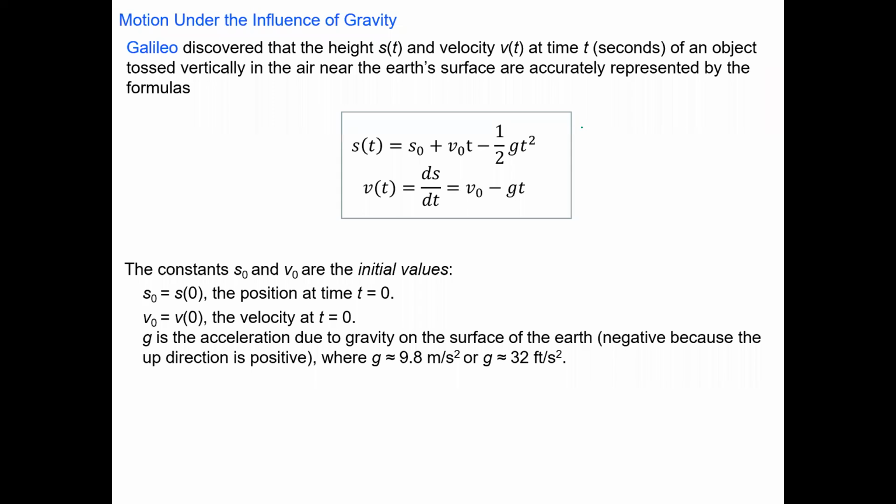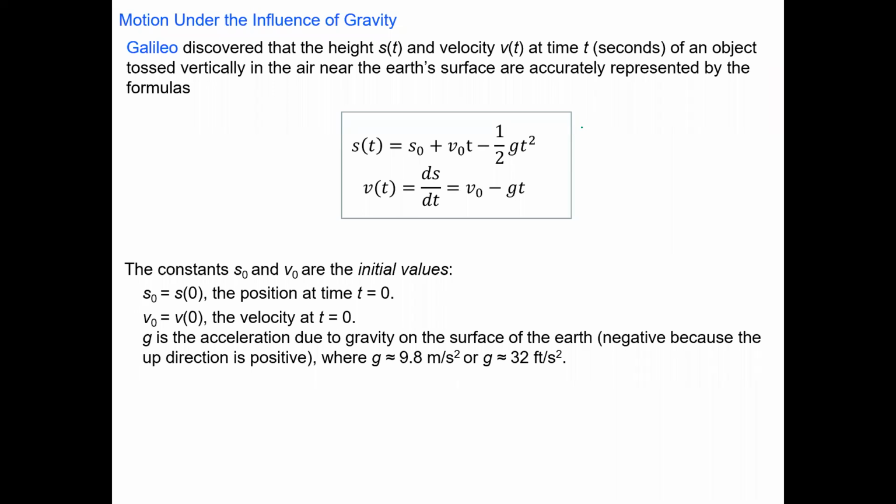Also, let's look at a couple of problems which are related to the Galileo equations. Galileo discovered that the height s of t and the velocity v of t at the time t seconds of an object tossed vertically in the air near the Earth's surface are accurately represented by these formulas.